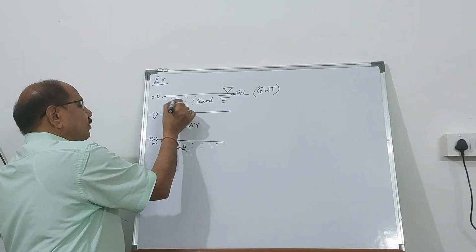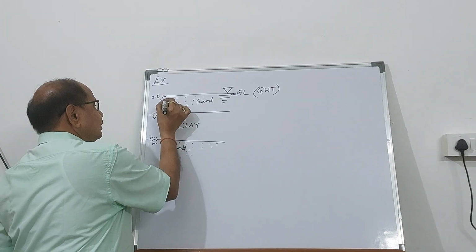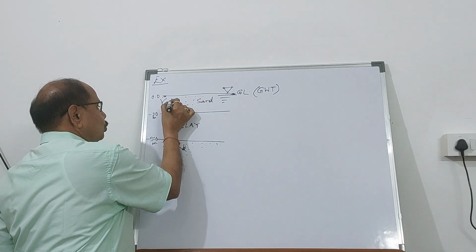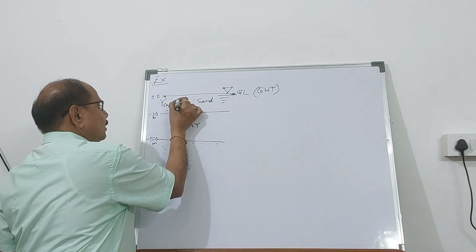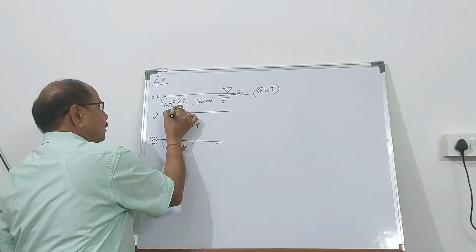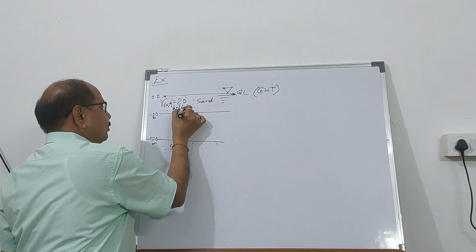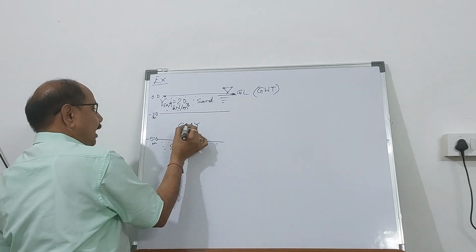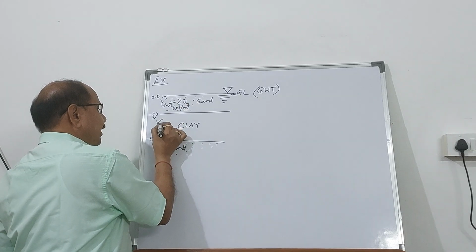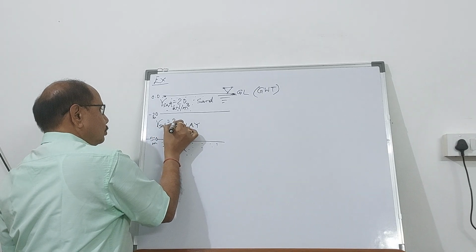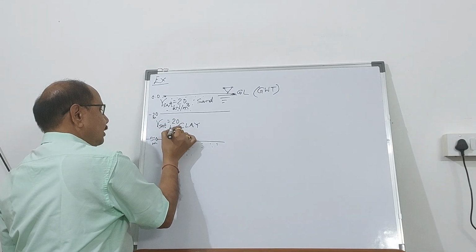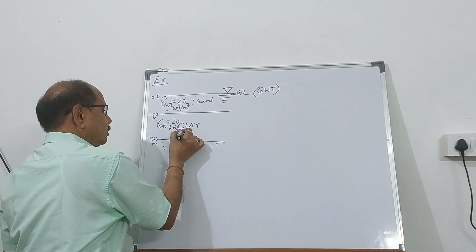The saturated unit weight of the sand is 20 kilonewton per cubic meter. And the saturated unit weight of the clay is also 20 kilonewton per cubic meter.